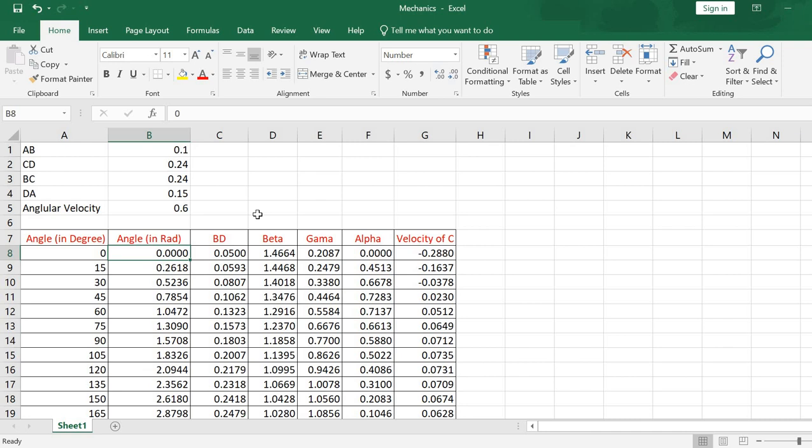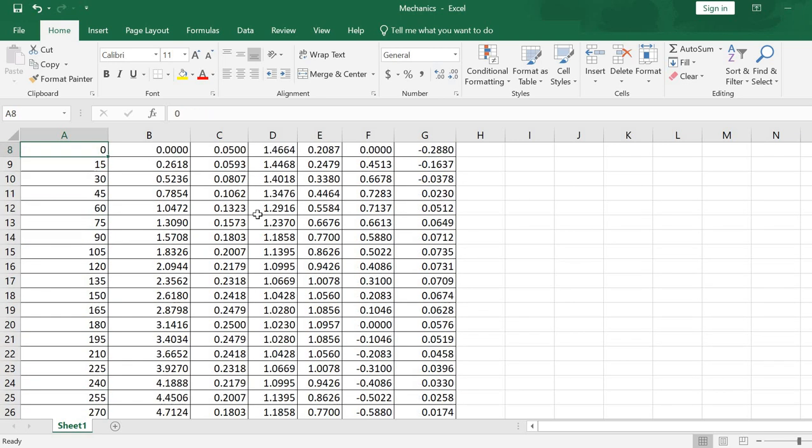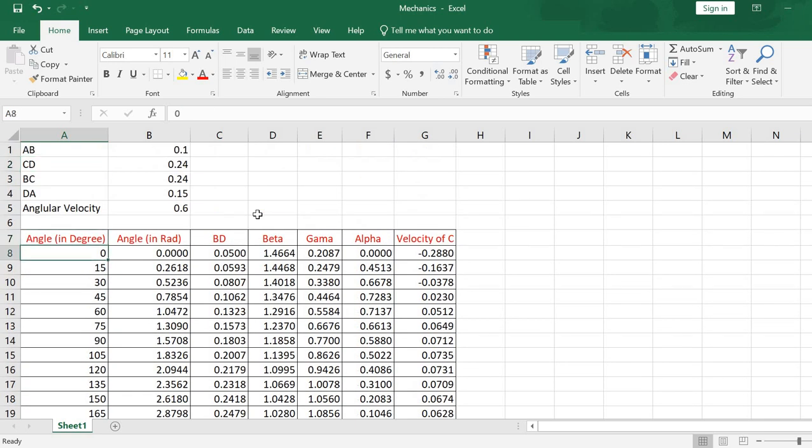Normally when you are calculating angles in the Excel sheet, when you are using the sine function or cosine or arc functions or any other functions related to angles, it will show the answer in radians. So here I'm going to draw a graph for degrees. First I have just mentioned the values in degrees for my ease.